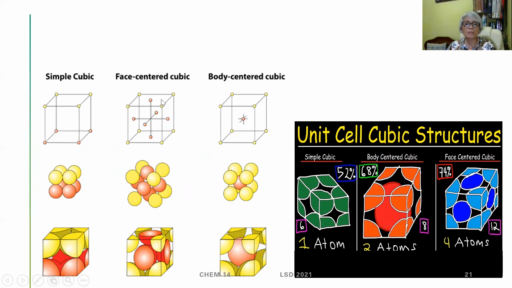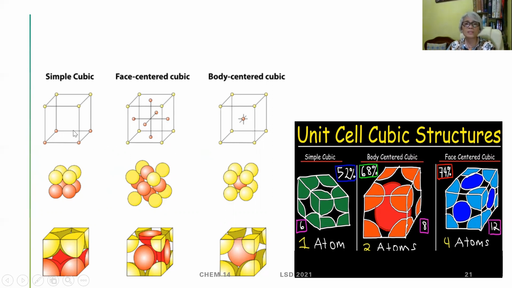So, meron siyang isa, tapos, lahat ng faces, meron kalahati. We have 6 faces. So, 1/2 times 6, so that's 3. So, 1 atom because of the corners, plus 3 atoms because of the faces. Then, all in all, there are 4 atoms in a face-centered cubic.